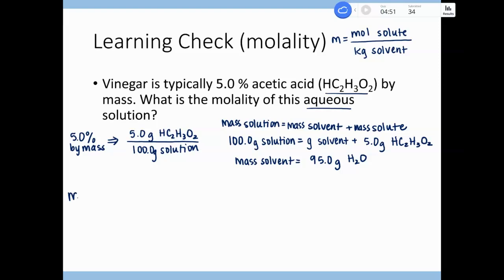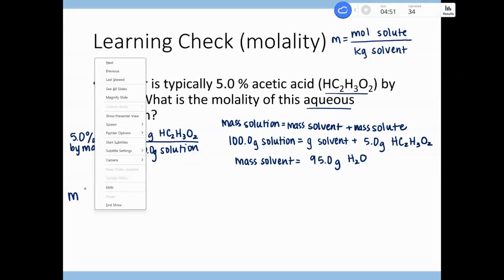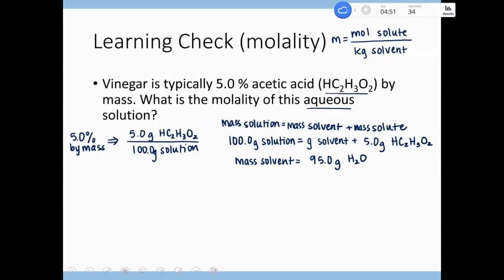So molality is moles of solute, moles of acetic acid divided by kilograms of solvent. So I'll set this ratio. We have 5.0 grams of acetic acid in a solution with 95.0 grams of H2O.